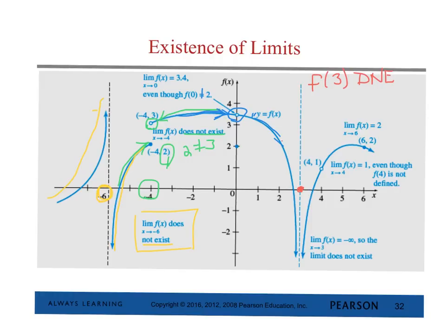But if we approach 3 from the left, we go to -infinity. And if we approach 3 from the right, we approach -infinity. But because it's -infinity, and infinity is not a number, it's a place, that limit does not exist.